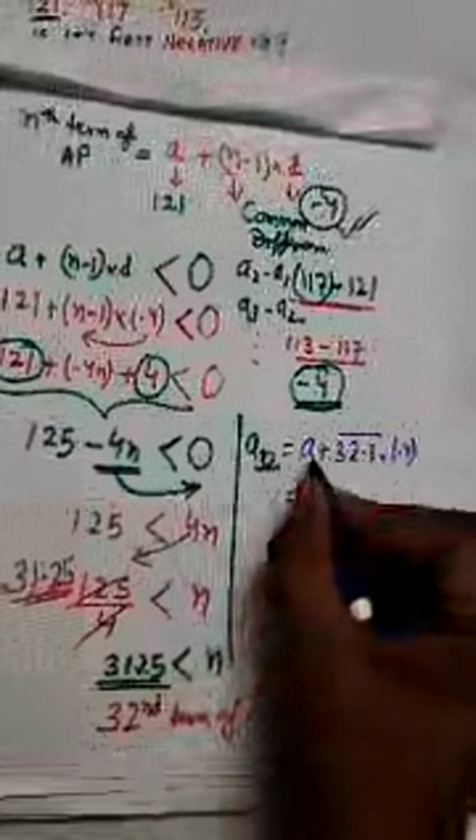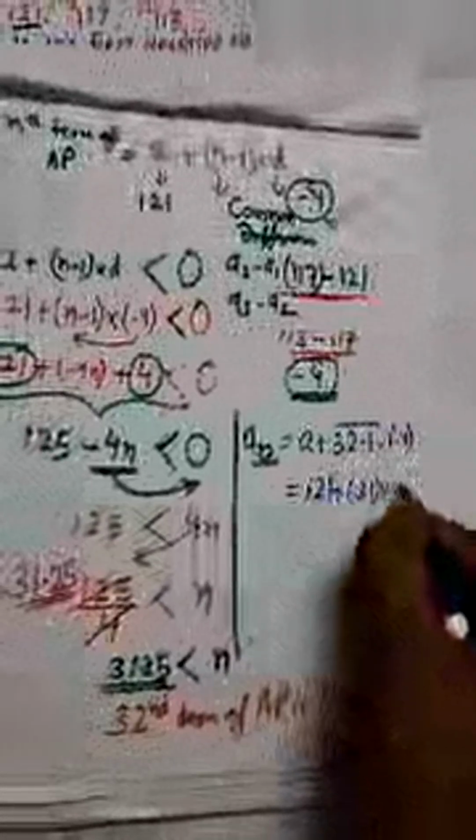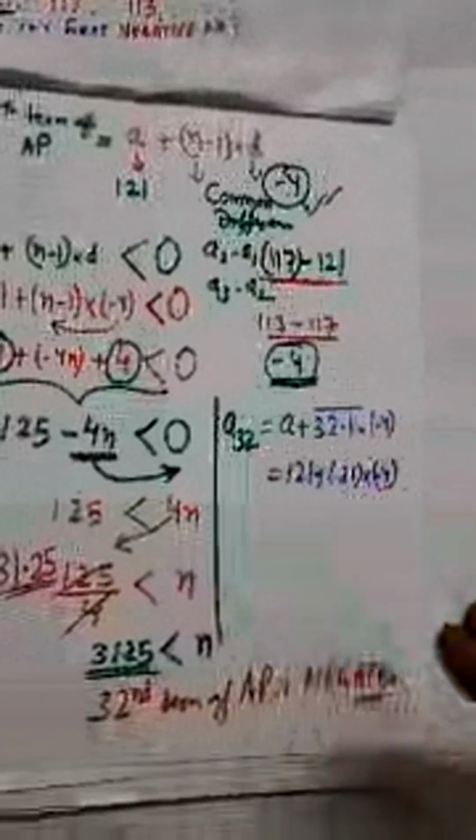And a is 121. So put up the values: 121 plus 32 minus 1, that is 31, into minus 4. This will be the first negative term.